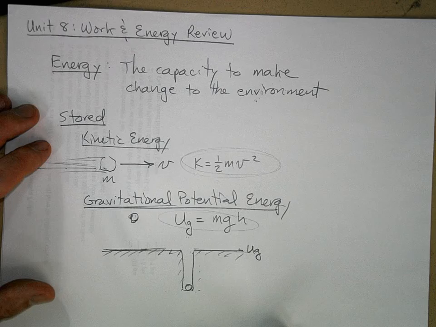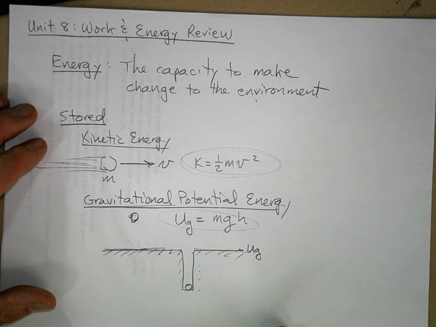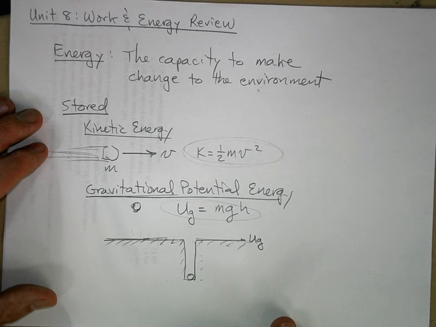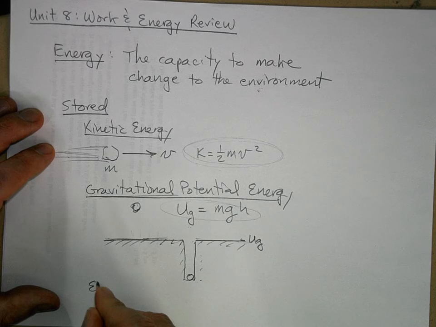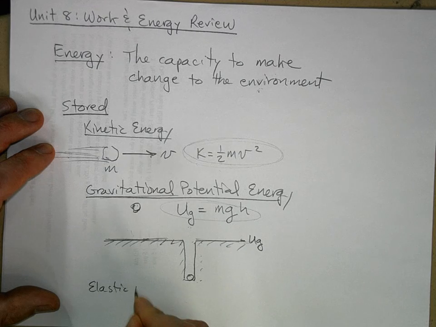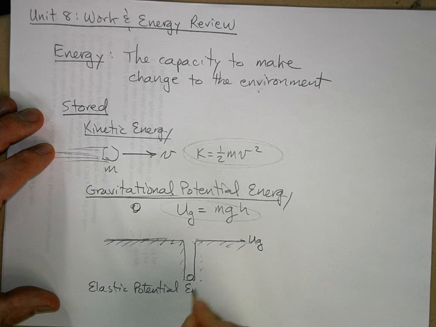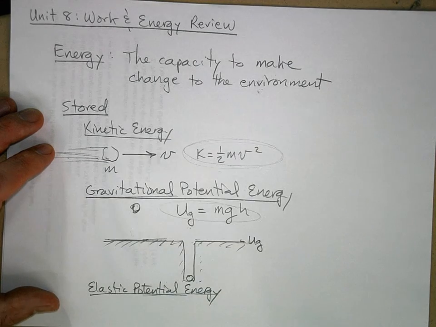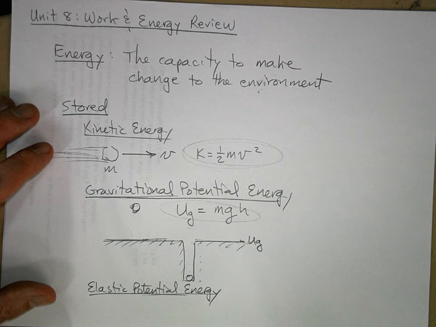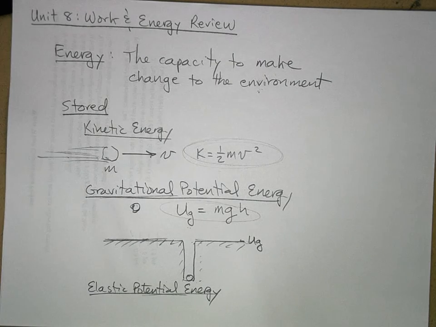Okay, then we had some other ways of storing. We don't really have an equation for them, or we didn't develop one. But we have elastic potential energy. And this was the energy stored up in a stretched or compressed material. Like a spring. You stretch a spring.